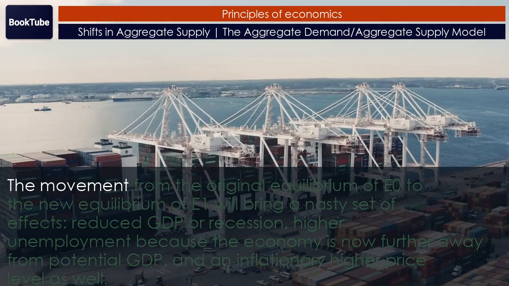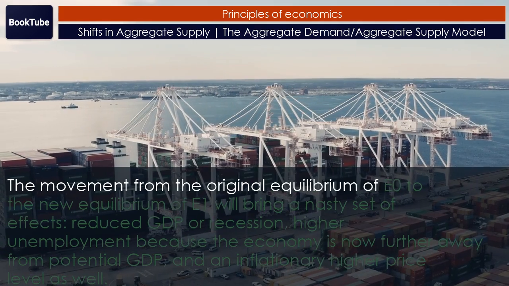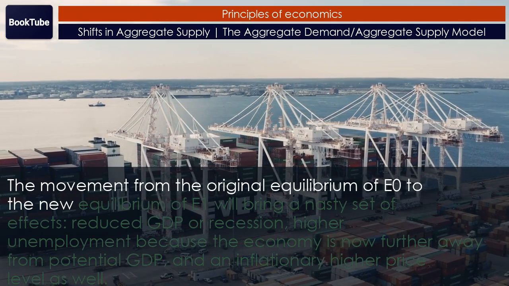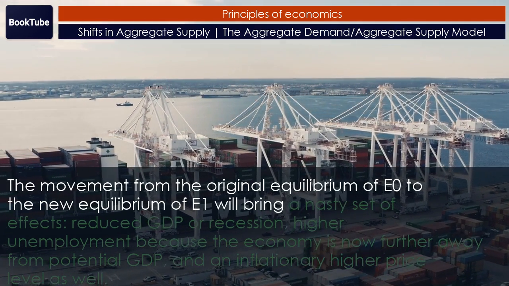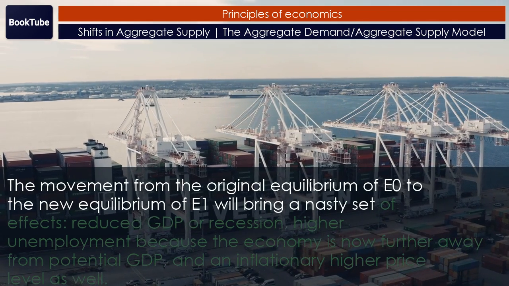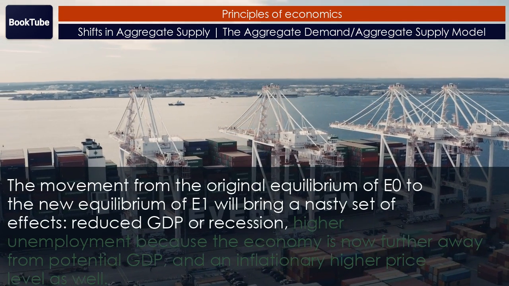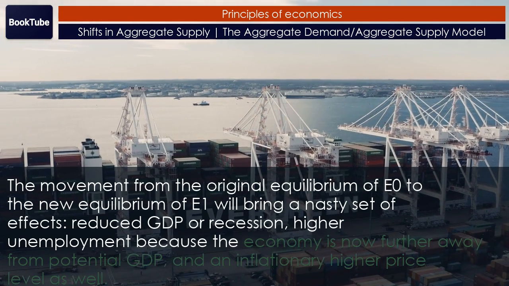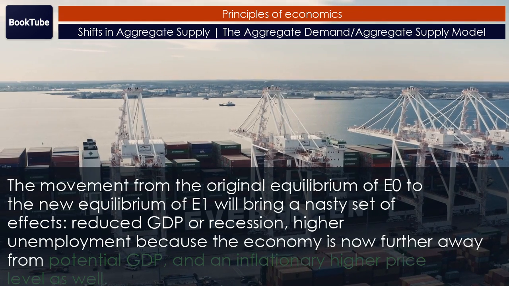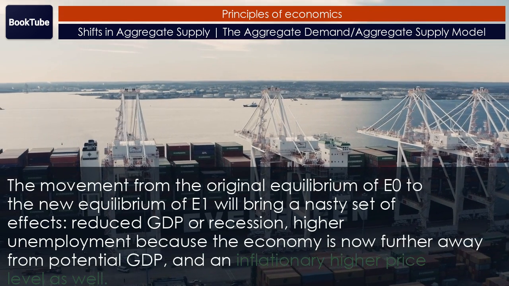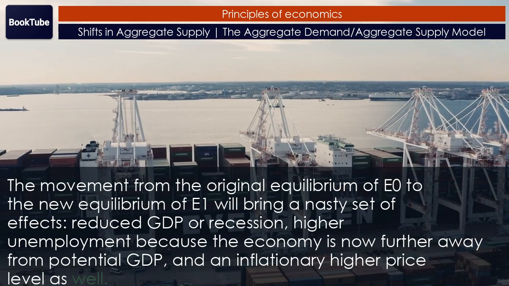The movement from the original equilibrium of E0 to the new equilibrium of E1 will bring a nasty set of effects: reduced GDP or recession, higher unemployment because the economy is now further away from potential GDP, and an inflationary higher price level as well.